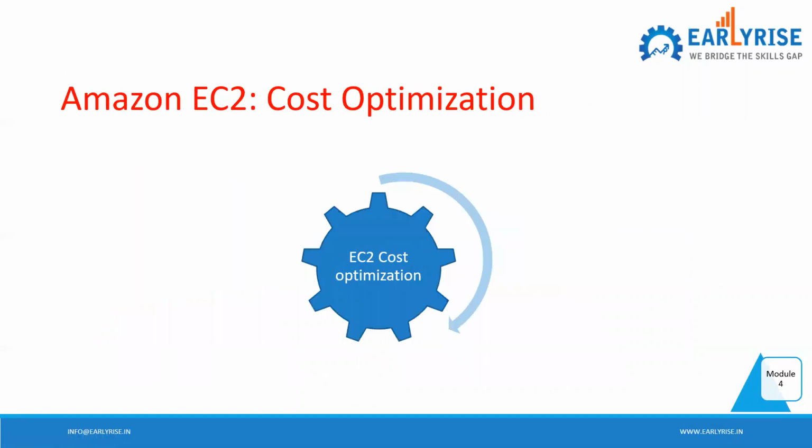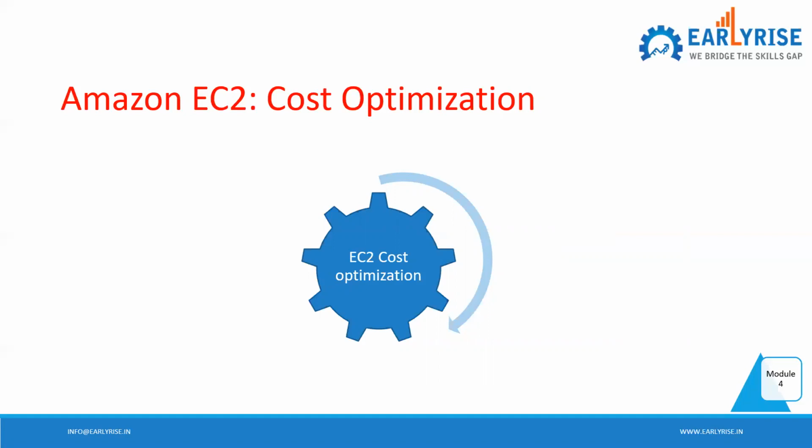So this one we discussed, and today let's discuss cost optimization. It's about the cost of moving to cloud. We discussed capital expenses and operational expenses, capex and opex, initially when we thought of moving to cloud.